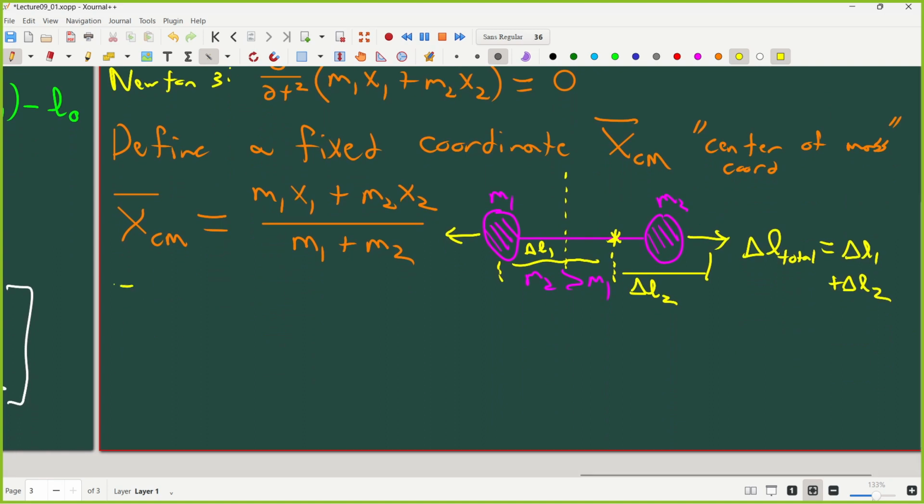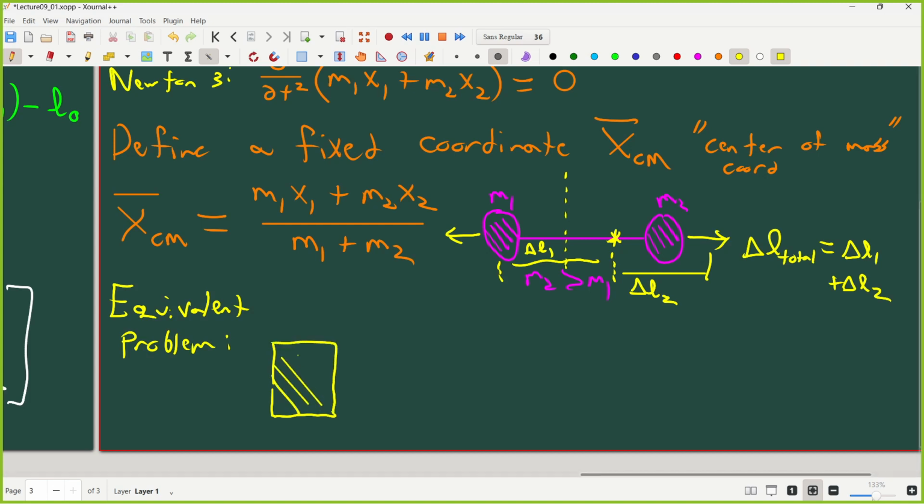And the equivalent way to write this, or an equivalent problem, gives you the same physics. Once you do this shift, the bond problem is equivalent to having a brick wall, and attached to it is a spring attached to some mass.